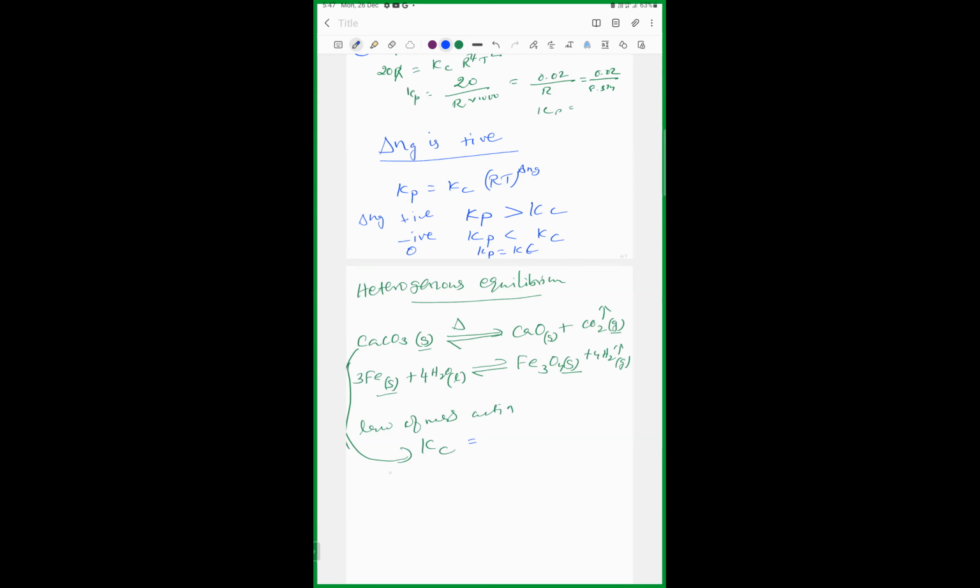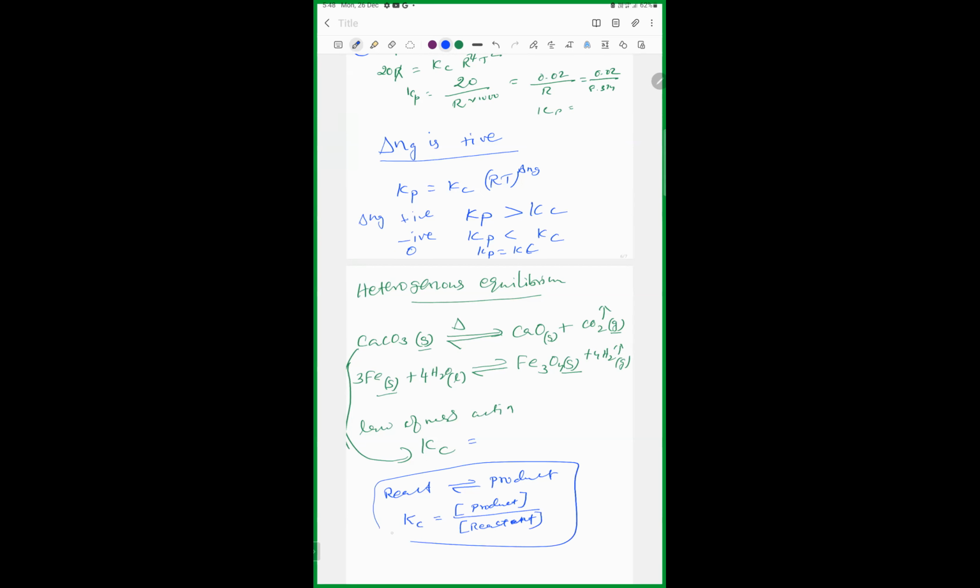See, when you write reactant gives product in equilibrium, when you apply the law of mass action, the equilibrium constant K should be the concentration of the product divided by the concentration of the reactant. So this is the law of mass action.